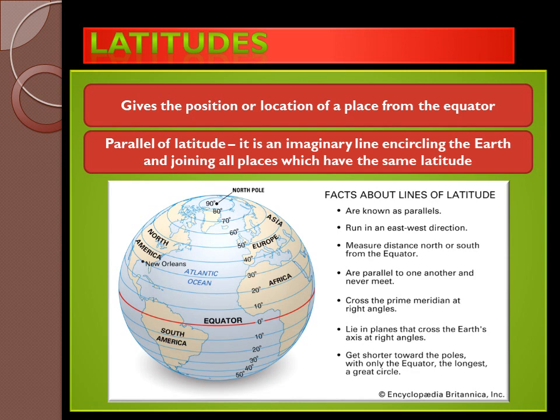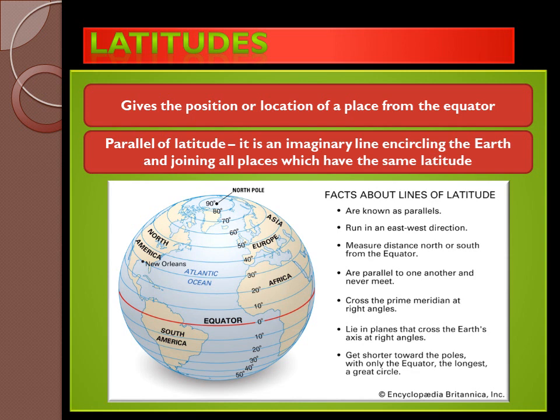That means it divides the earth into two parts, northern hemisphere and southern hemisphere. They are parallel to one another, they never meet. They cross the prime meridian at right angles. They make a 90-degree angle. Lie in planes that cross the Earth's axis at right angles.